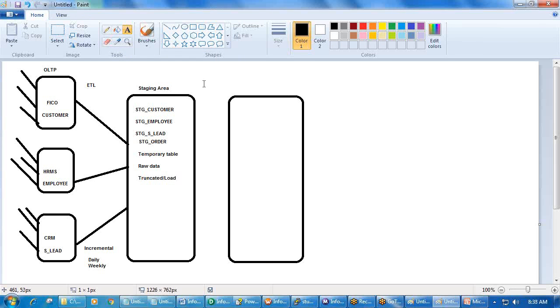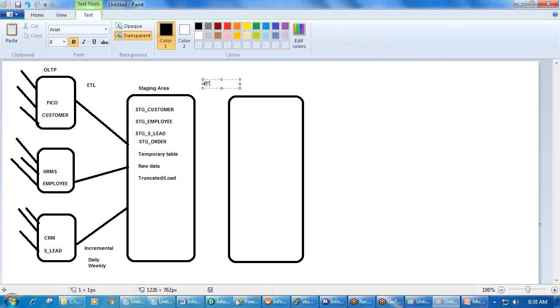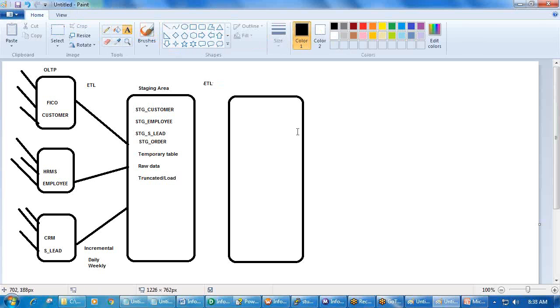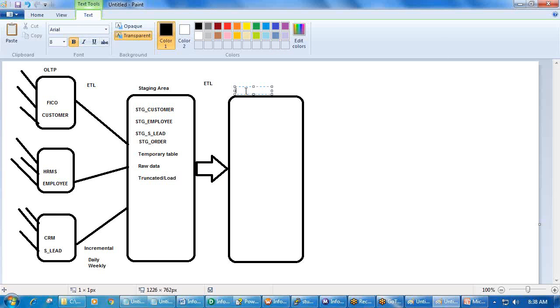We'll define a separate ETL program, and this ETL program will read the data from your staging area or staging database and load it into another database called the ODS, which is the operational data store.